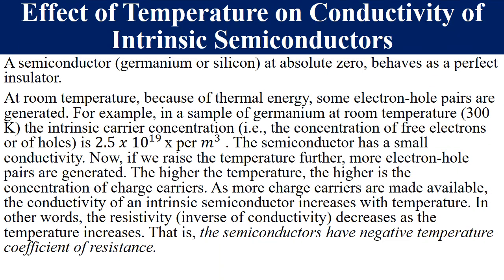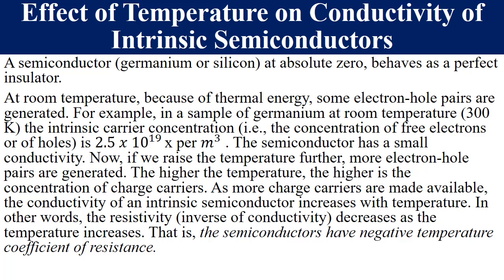The effect of temperature on the conductivity of any intrinsic semiconductor. We've discussed that a semiconductor behaves as a perfect insulator at absolute zero temperature, that is at minus 273 degrees Celsius. At room temperature, due to thermal agitation, some electrons gain energy and escape from the valence band into the conduction band.